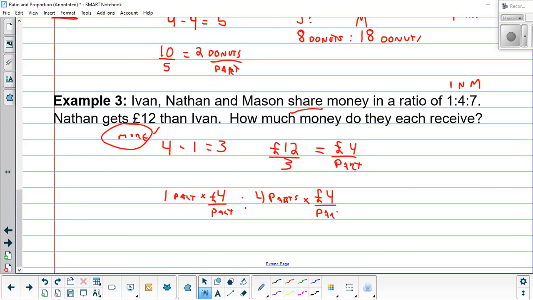And lastly, 7 parts times by 4 pounds per part. Like I said, you do not have to include stuff until the end. I do it just to show you where we actually have all this come from. So here we can quickly see that we have 4 to 16 to 28 pounds. So we could write this out in words, and that'd be completely okay as well.